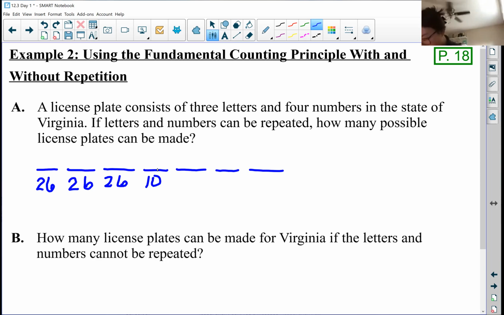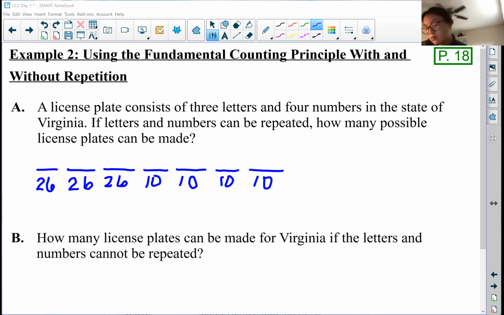Now, how many choices do I have then for each of the rest of the numbers? It's going to be 10 for all of them. Sometimes we forget about 0, and that's why a lot of times people will think only 9 choices.